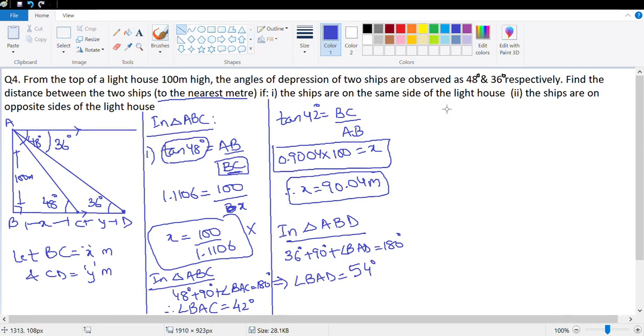So again I'll refer to the complementary angle to the one which is given, and calculate the tan value of this. So tan 54 degree would be equal to BD upon AB.